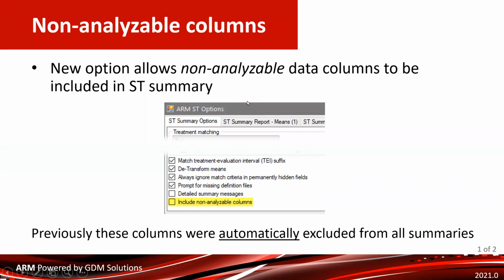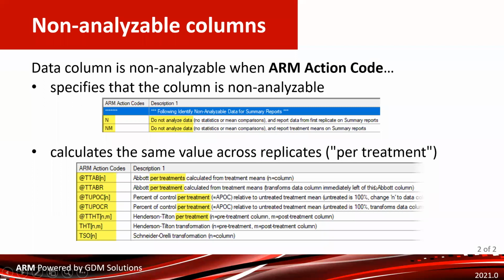Finally, a couple of additions to ST, the summary across trials. There's a new option to include non-analyzable data columns in your ST summary. So these used to just automatically be tossed out and not included in a summary. We really wanted the option to include them if desired.